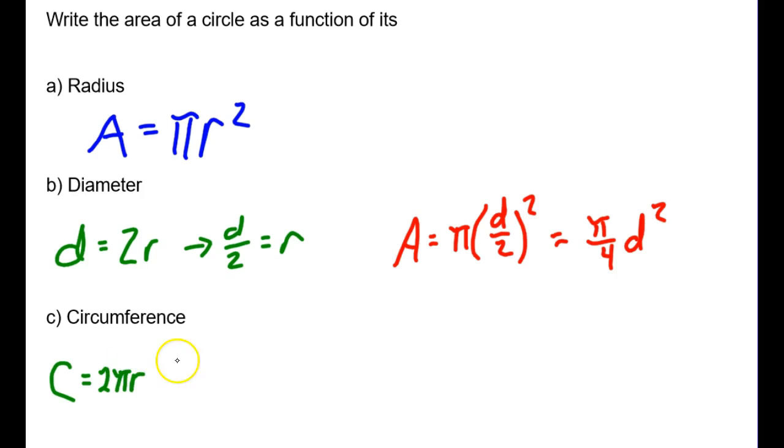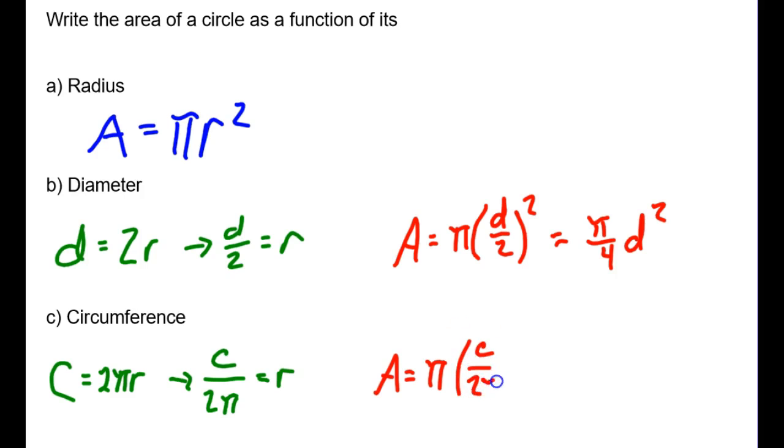If we would isolate r by itself, we would get the circumference divided by 2 pi is equal to the radius. Now, same thing we did before, substitute that expression in for the radius. So we have area is equal to pi times c over 2 pi quantity squared, which is equal to pi over 4 pi squared times c squared.